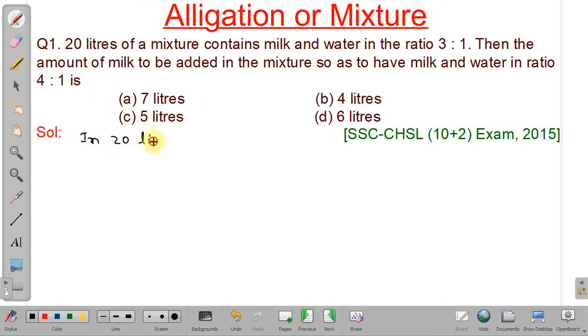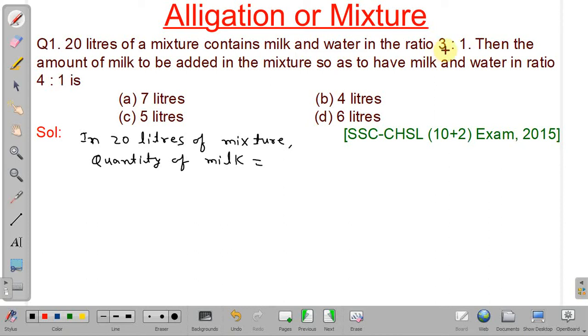20 liters of mixture, quantity of milk. See, the ratio of the mixture in which milk and water are 3:1.